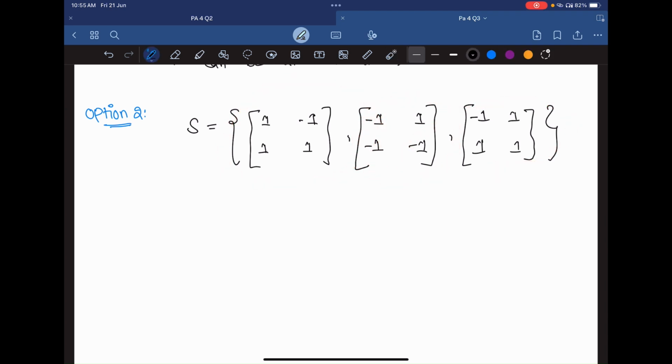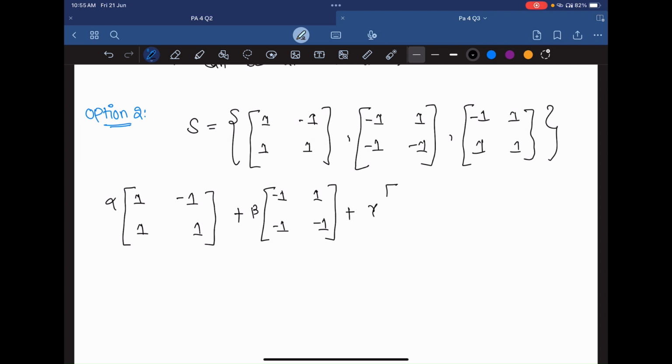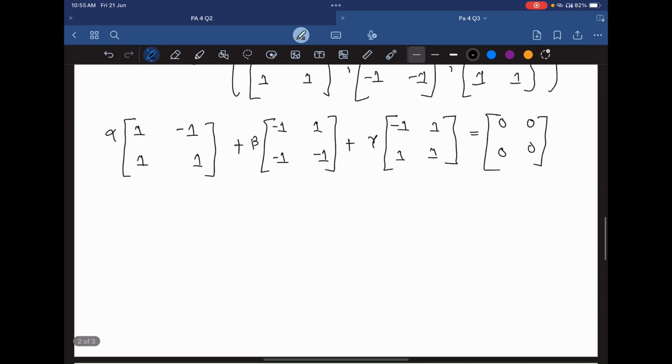To check whether these are linearly independent, we can form the linear combination of these matrices, plus beta times, plus gamma times, and equate it to a zero matrix. Just as in the case of vectors we equate to a zero vector, here we equate to a zero matrix.